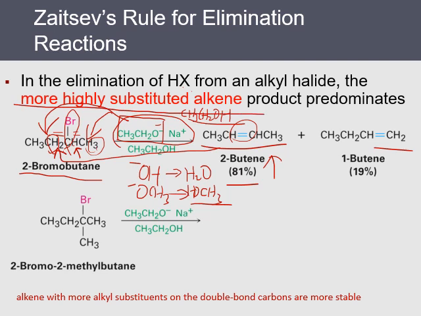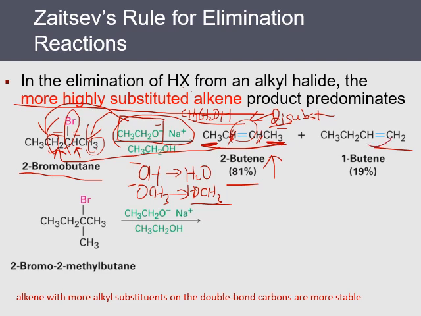When you count the substituents on a double bond, hydrogen is not counted as a substituent. So you ignore hydrogen, and you'll find this is one substituent, and this is another substituent. So this is called disubstituted.